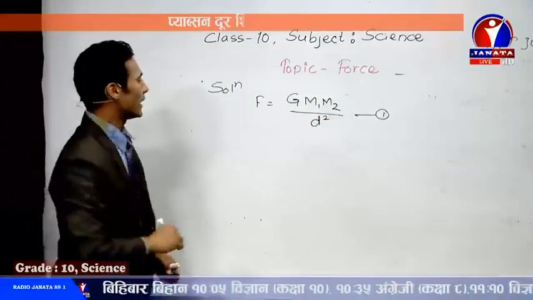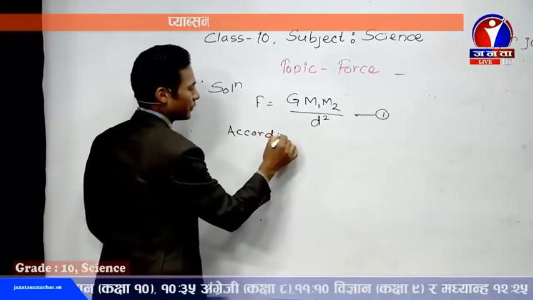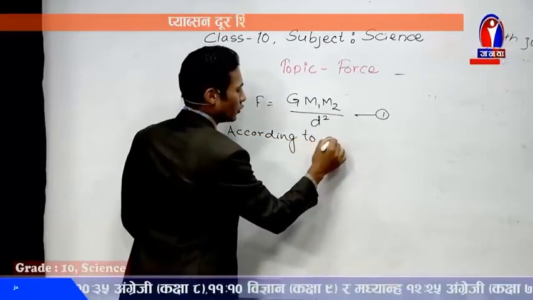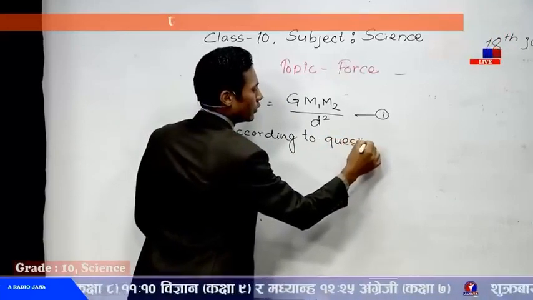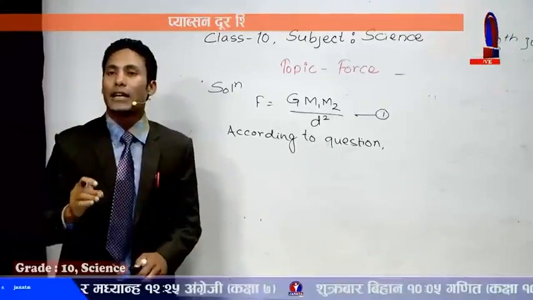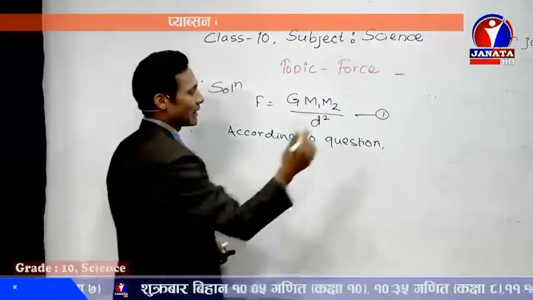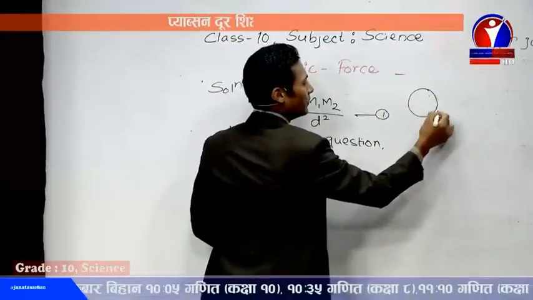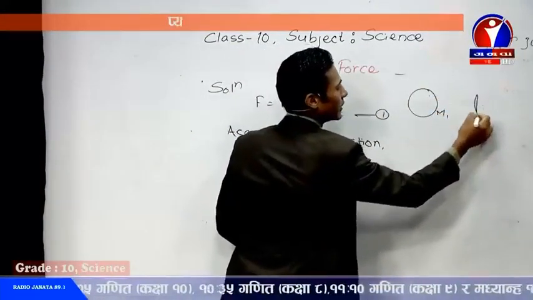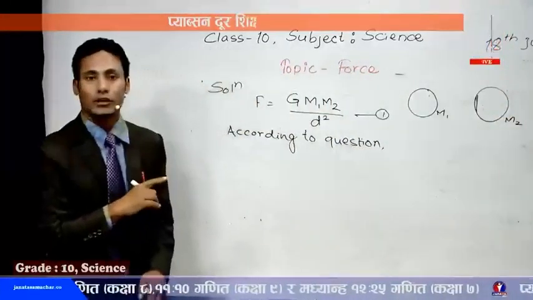And what the question says is, according to the question, one of the masses is doubled. Out of the two masses, one is doubled. Let's say this one is m1 and this one is m2. This is the initial condition.